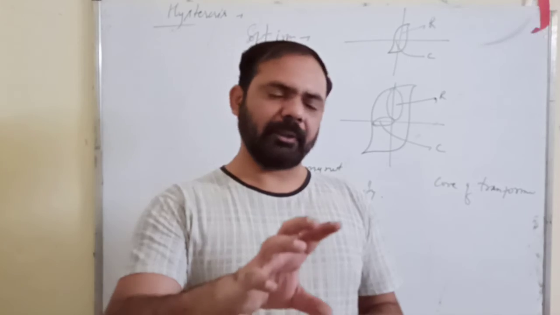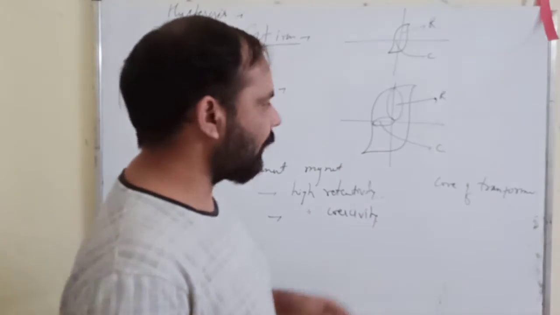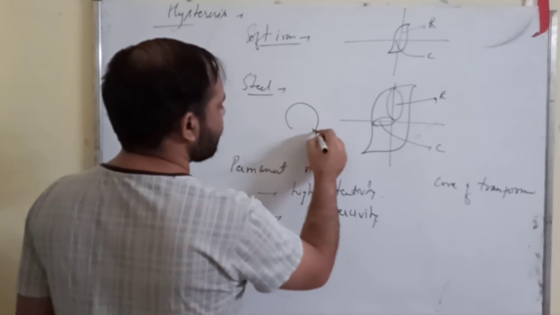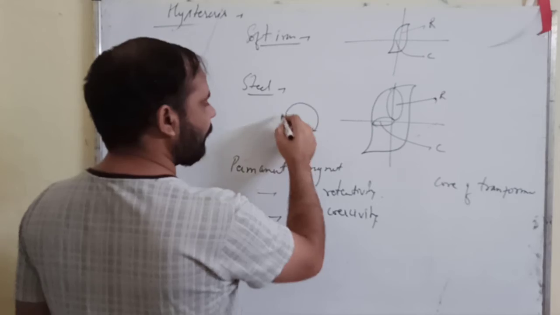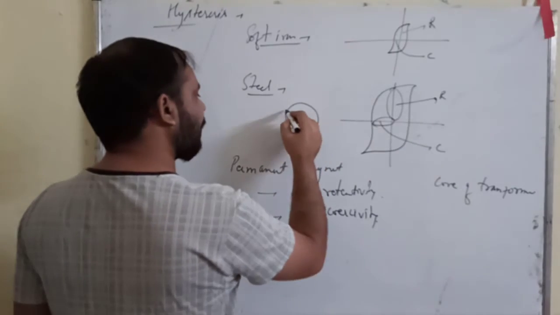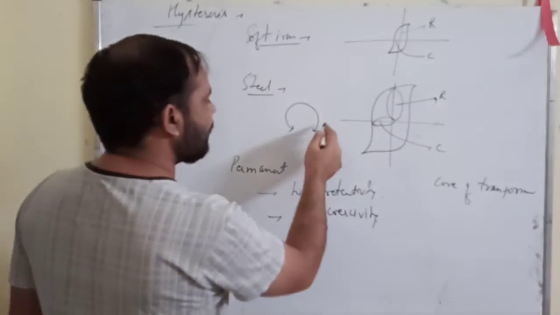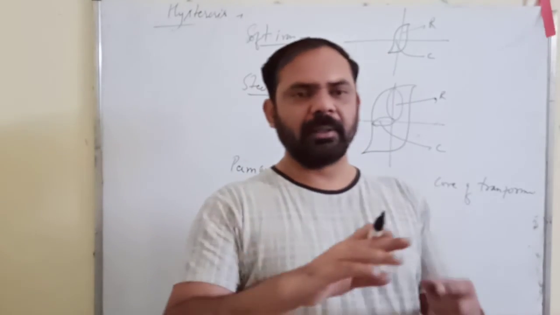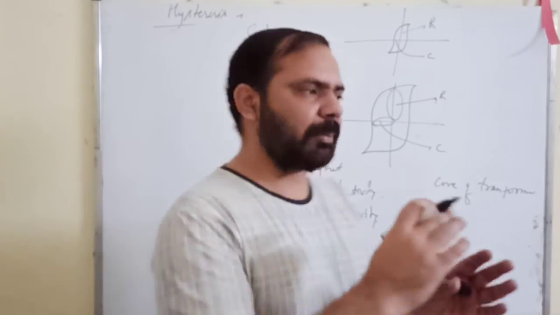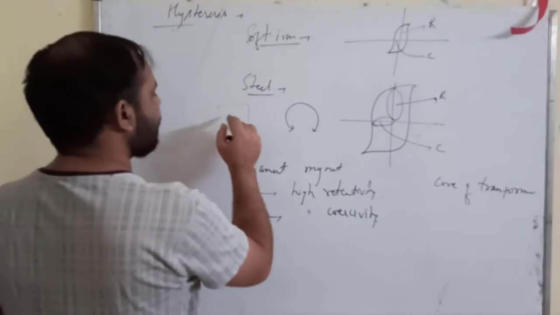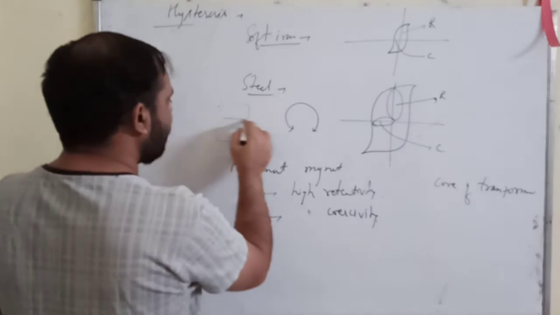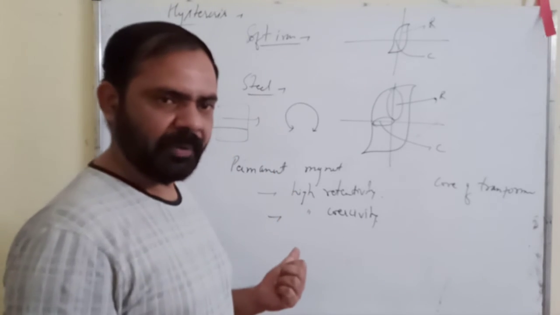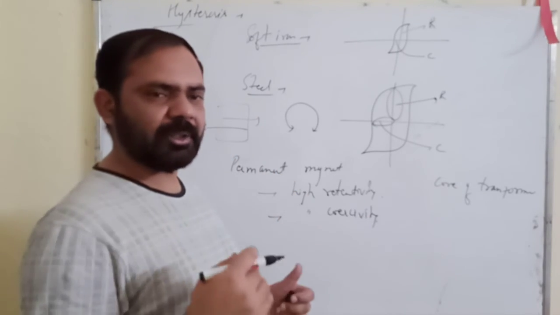The transformer is generally used with AC current, which flows for half a time period in a particular direction and then in the next half time period in the opposite direction. So the core must get magnetized frequently in opposite directions. If it is magnetized in one direction in the beginning, then in the next half time period it should get magnetized in the opposite direction. So magnetization and demagnetization must take place.